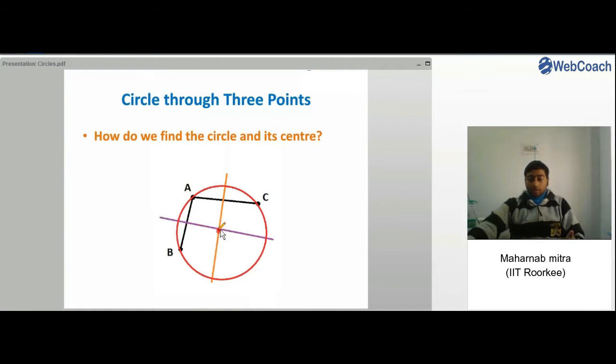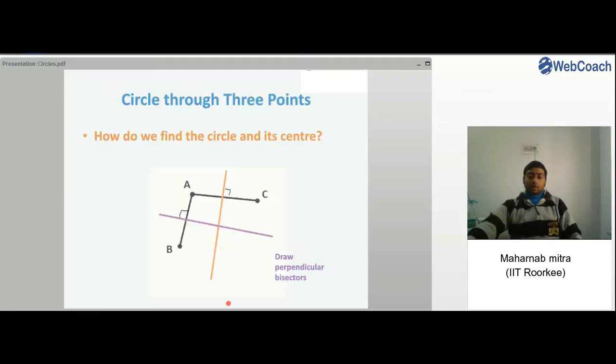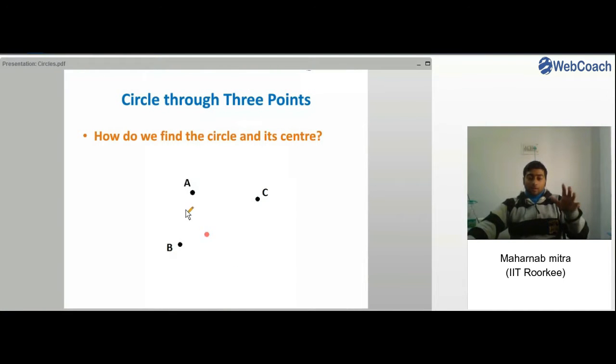Now the intersection point can be taken as the center, and the distance from the center to any of the points given, either from this intersection point to A or to C or to B, any of these can be taken as the radius, and you can draw a circle very easily. So what were the steps? Let us recap. First, 3 given points were there.